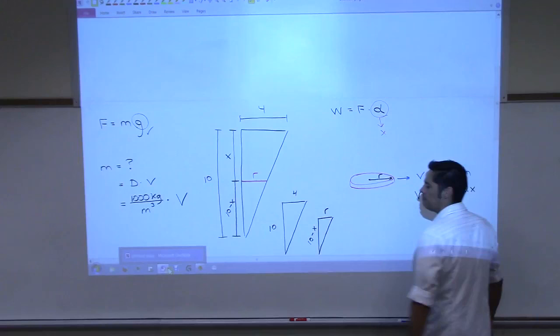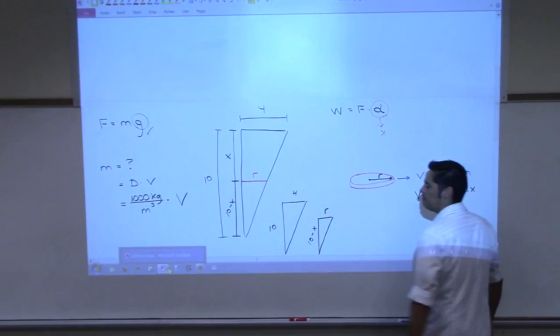What else do I know on here that I haven't labeled? What's here to here? That's x, right? That's x. And that means the distance from here to here is what? 10 minus x.